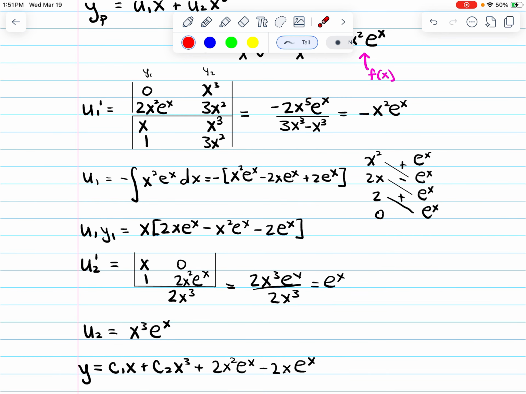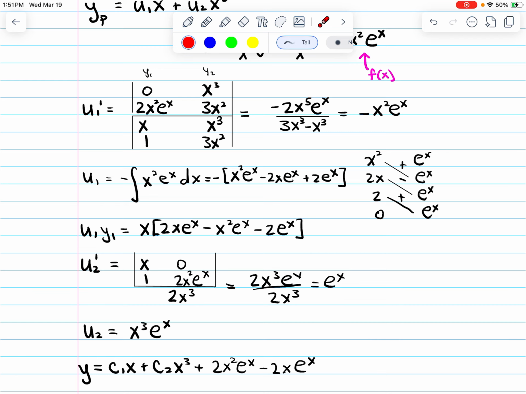Then it's time to look at u2 prime. So this time I've got y1, the derivative of y1, and over here in the y2 column, I put 0 and f of x here. Down in the bottom, same as for u1, and I just get e to the x. We like that integral.